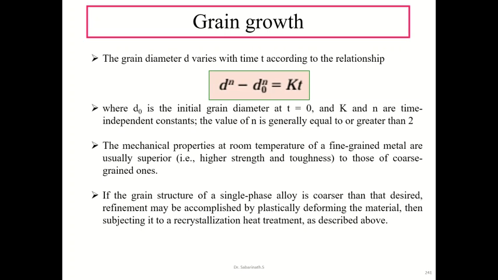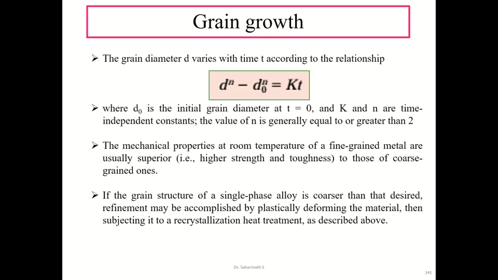Grain growth is the increase in the average grain size of a polycrystalline material. The grain diameter d varies with time t according to the relationship d^n minus d0^n equals k times t.